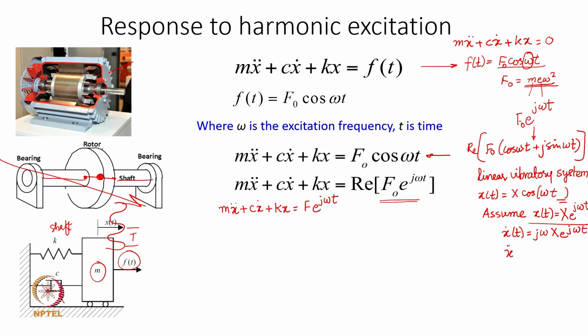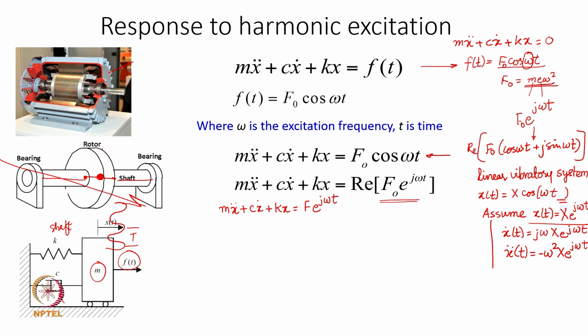Similarly, the second derivative would be minus omega square capital X e to the power j omega t. Okay. So, these are the response variables x, x dot, x double dot, the time derivatives of the response variable x.